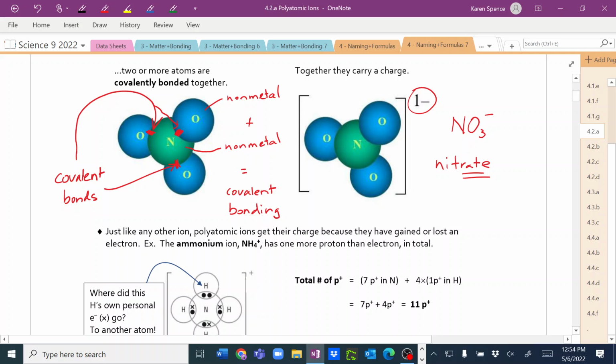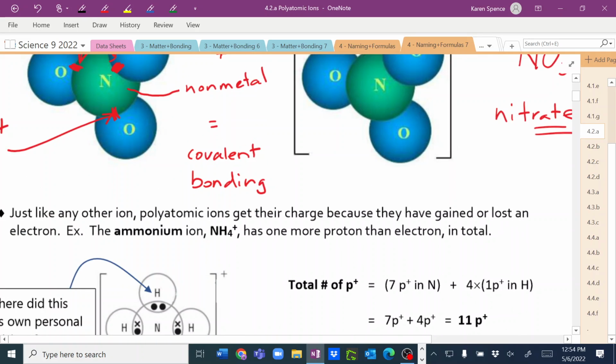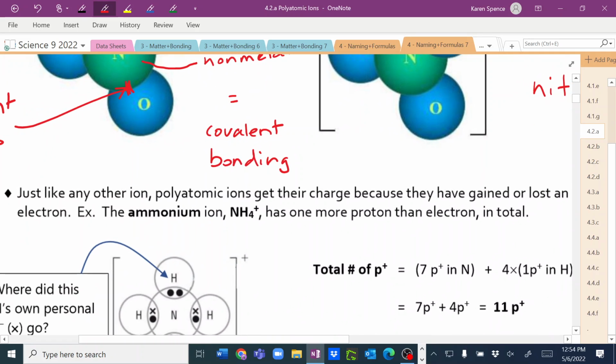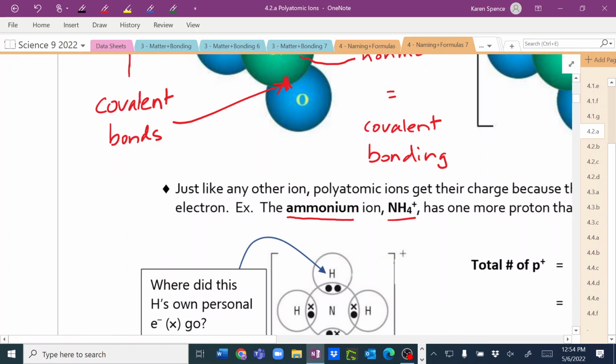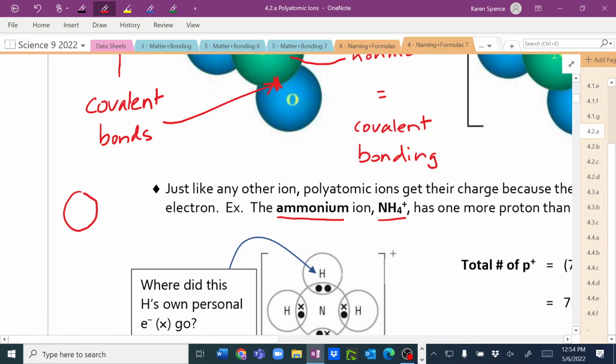And just like any other atom, or sorry, any other ion, polyatomic ions get their charge because they have lost or gained an electron. So let us consider a different polyatomic ion, the ammonium ion, which is NH4+, which means we have one nitrogen. How many valence electrons does nitrogen have?